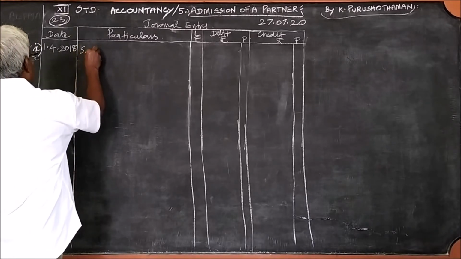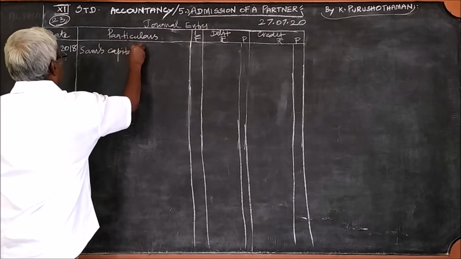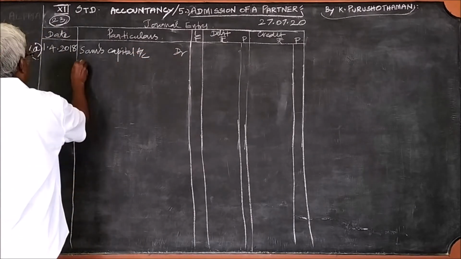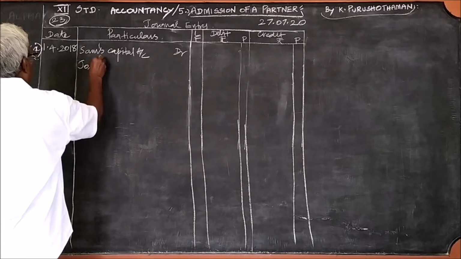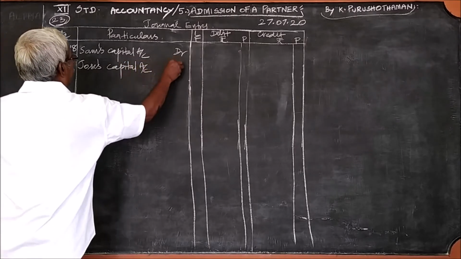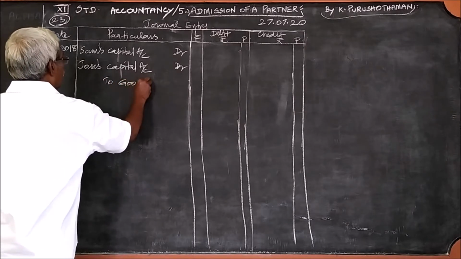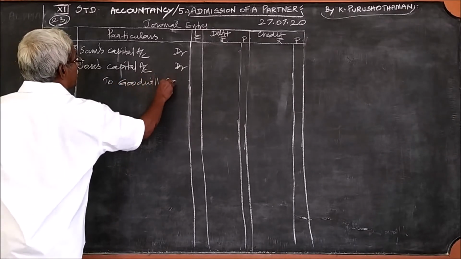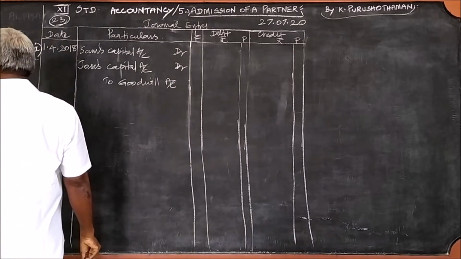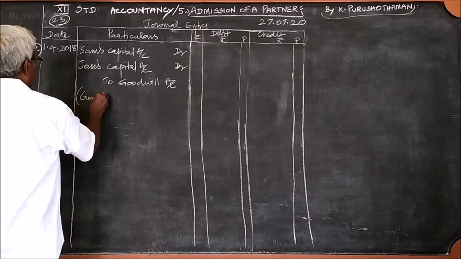Sam's capital account debit, Joe's capital account debit, to goodwill account. This is the journal entry for goodwill written off.